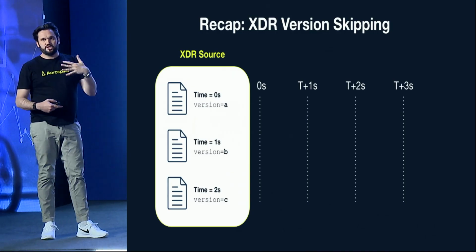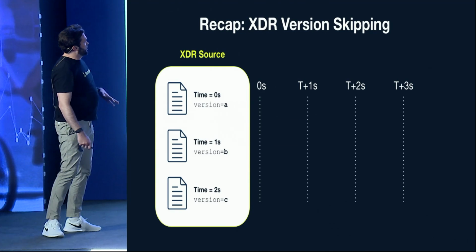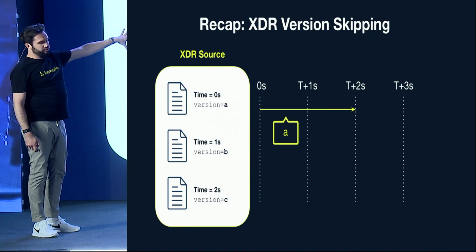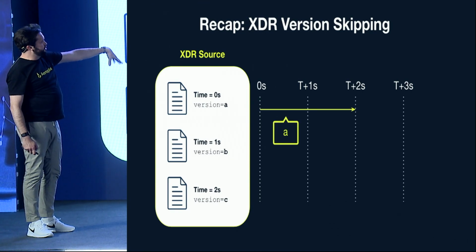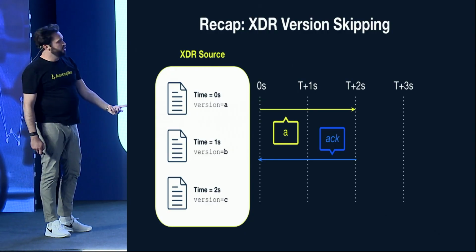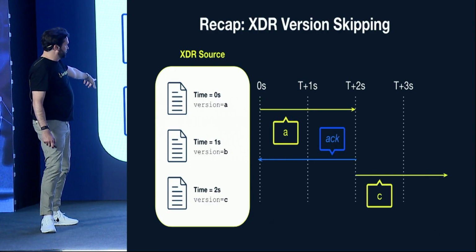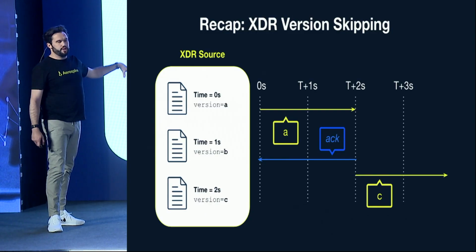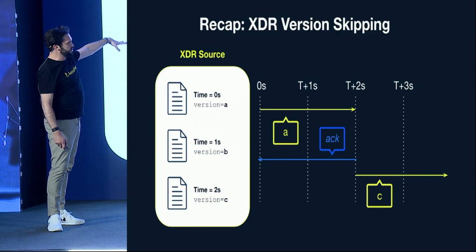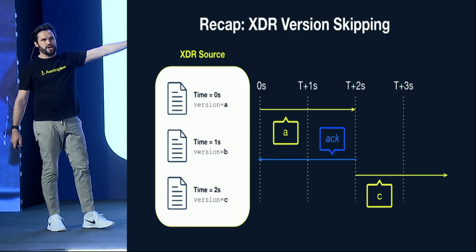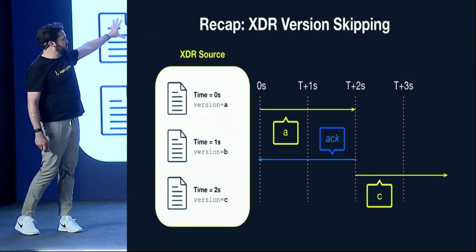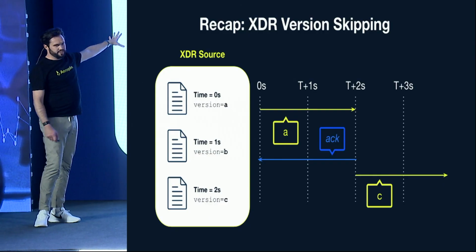The cluster will publish an XDR event, and if that is acknowledged, let's say 2 seconds later, the next XDR event that gets published will be reflective of version equals C. So we essentially skipped an entire version. The system on the other side has no knowledge that version B ever existed.